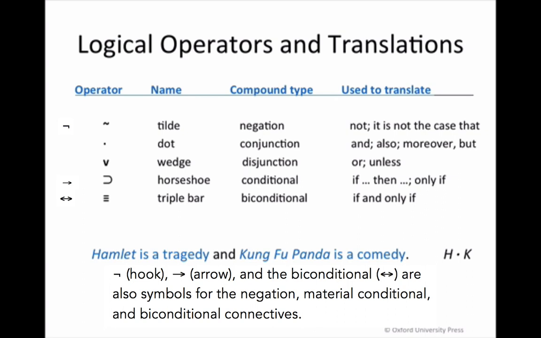Now, one of the ways that you can think about these operators is that the first four are the most common. We rarely see in our ordinary language the triple bar in terms of the phrase if and only if, but it still is the case that it's really the first three out of which the last two can be constructed.